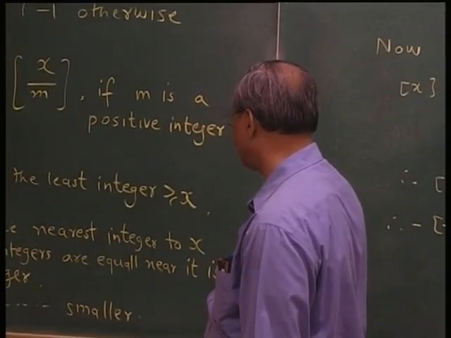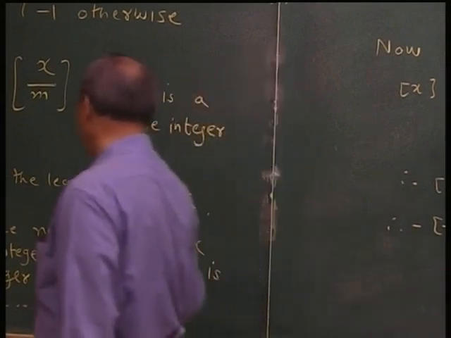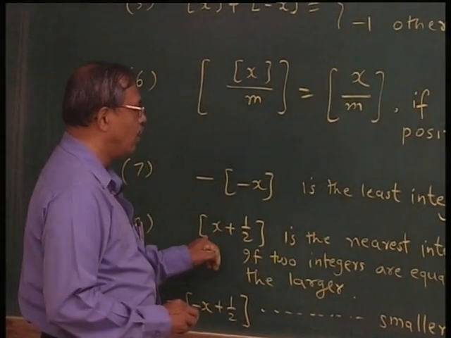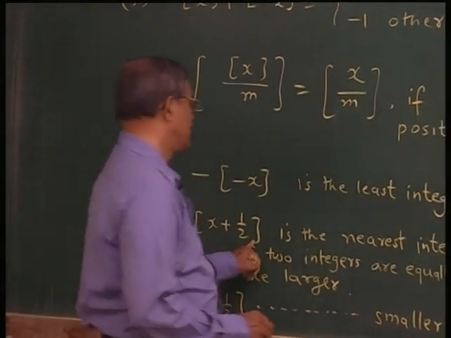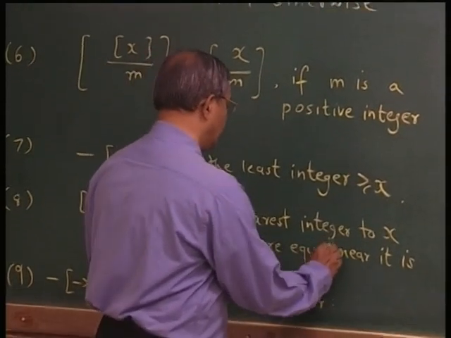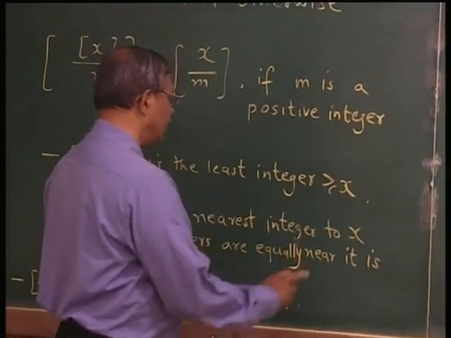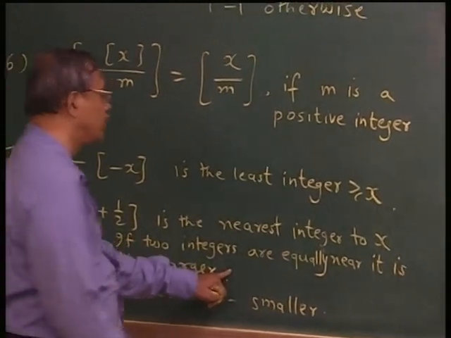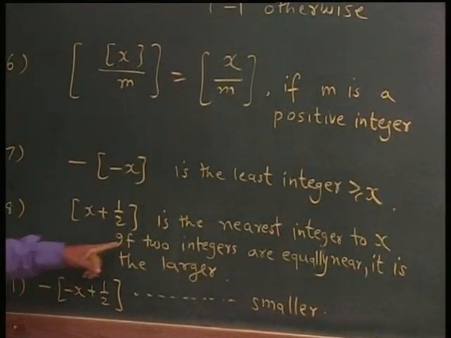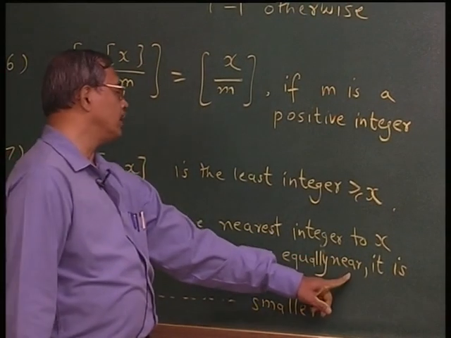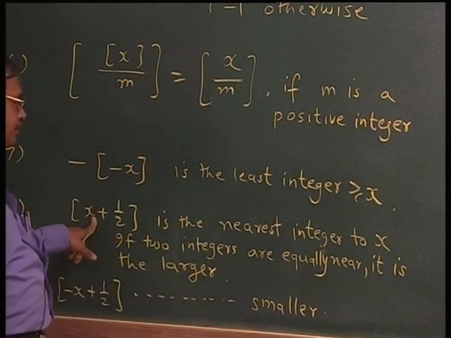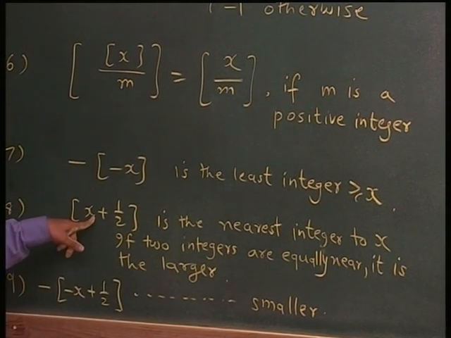And the answer to that is yes, it is given by this. Nearest integer is integral part of x plus 1/2, and this also satisfies the property that if two integers are equally near to x, it is the larger.